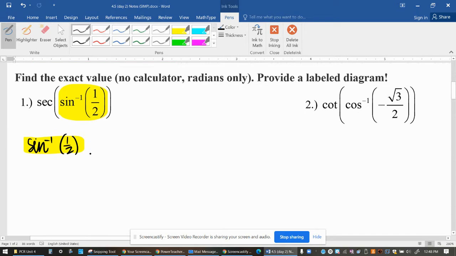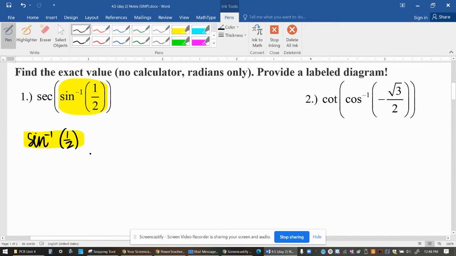Provide a diagram. Inverse sine lets me know that I'm finding an angle, but it can't be just any angle because sine inverse is restricted to quadrants 1 and 4. Everything in quadrant 1 is positive, and things in quadrant 4 can be negative. Since the ratio they gave us is positive, sine inverse of positive 1/2, that is a big red flag that my special triangle is going to be in quadrant 1.